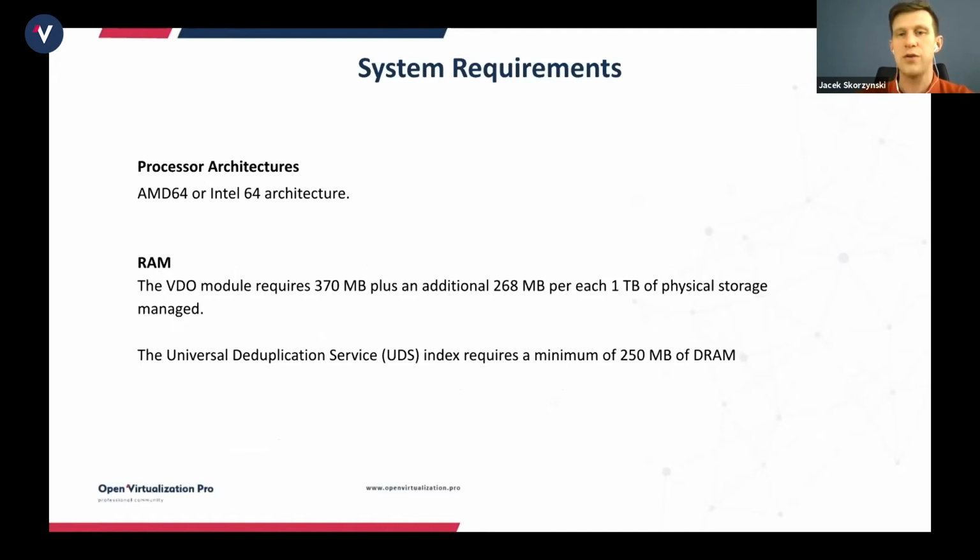So we need to know that it requires some memory at the very beginning. Then also for the UDS index, a minimum is 250 megs of your RAM. So it's not that big with modern machines.